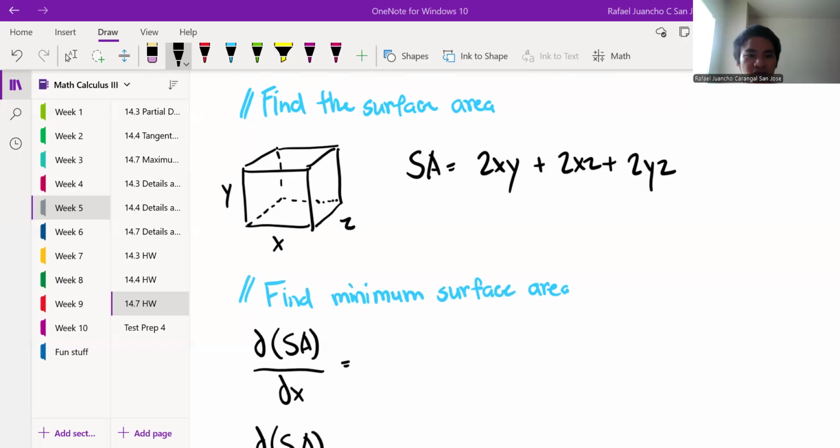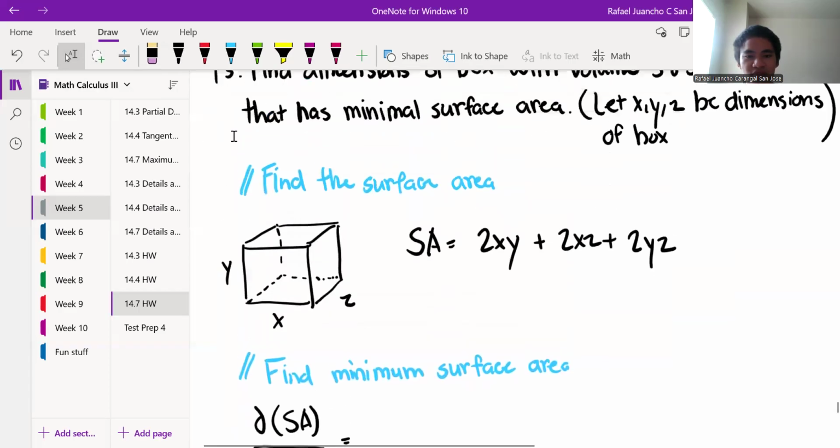Yeah, because here I tend to forget these. Use the constraint to eliminate one variable. And then we take partial derivatives. Oh, okay, okay, okay.